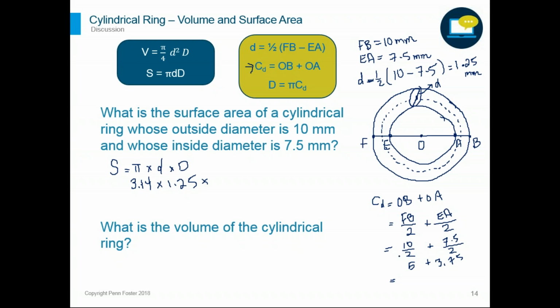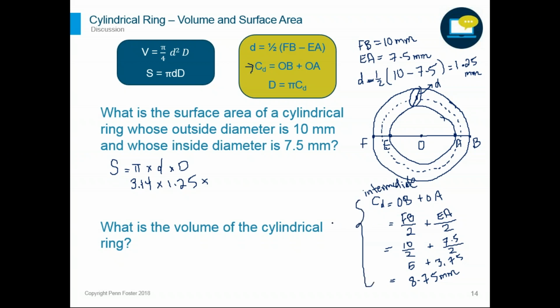So add them up, and that will give you 8.75 millimeters. Again, this is an intermediate step. That's not one of the values I need in the formula. But from this, I'm able to find the circumference of the center circle.